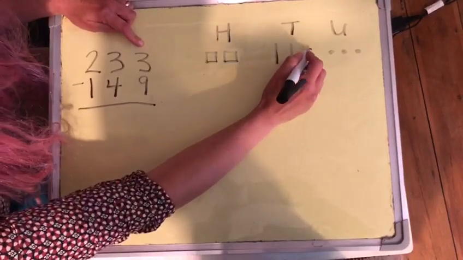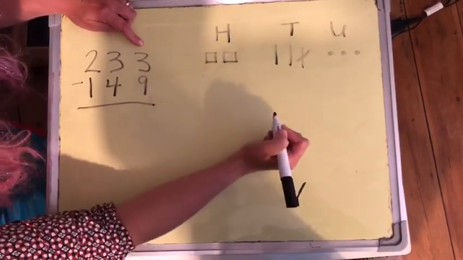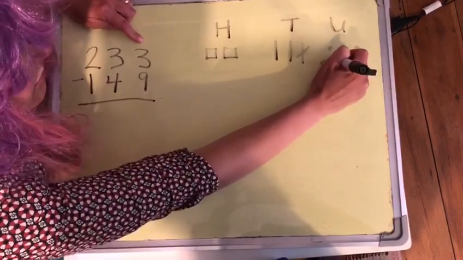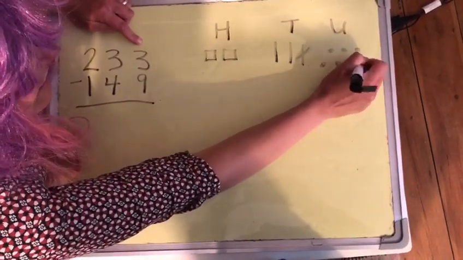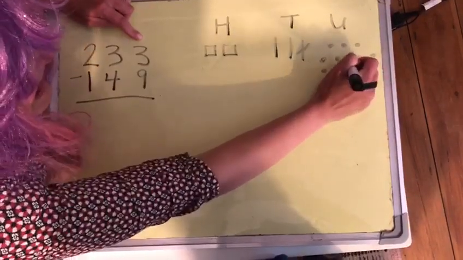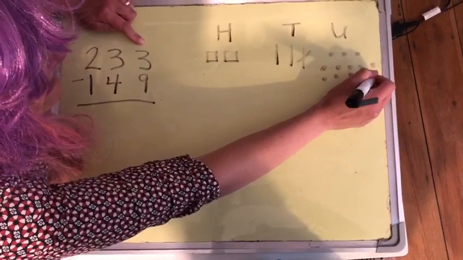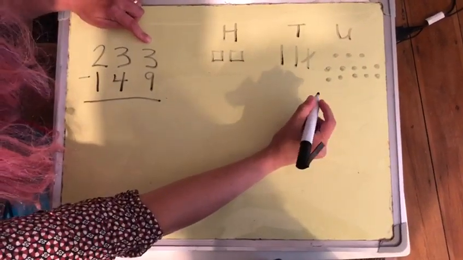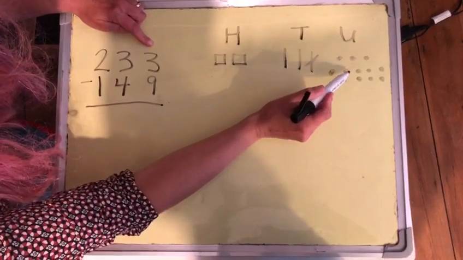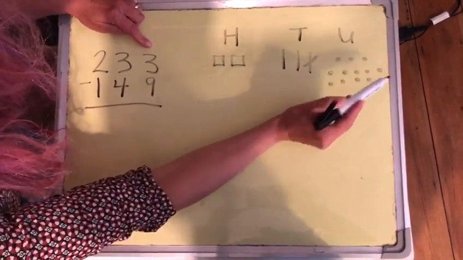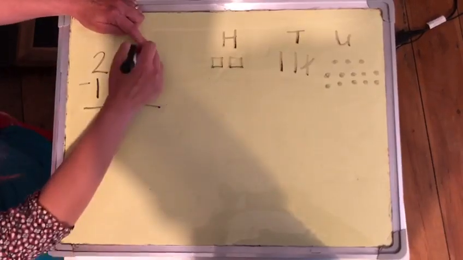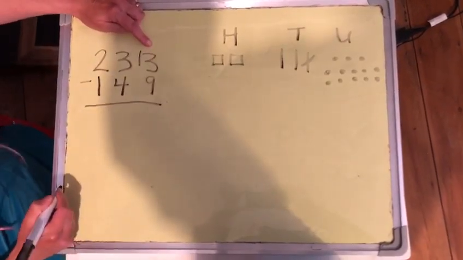I'm going to exchange one of my tens for 10 ones. 1, 2, 3, 4, 5, 6, 7, 8, 9, 10. In total, I now have 13 units. I will represent 13 units like that.